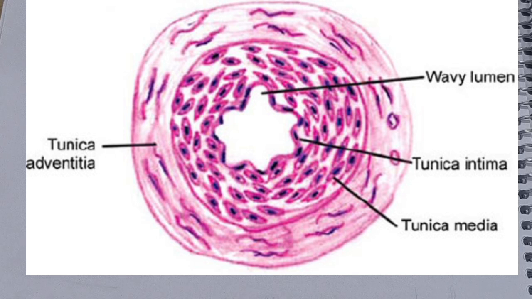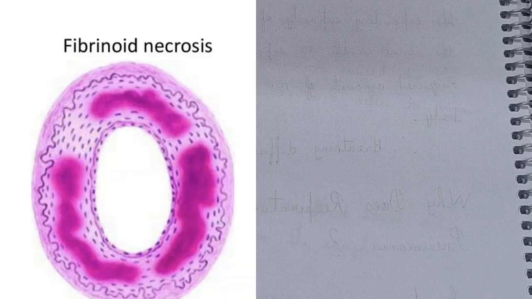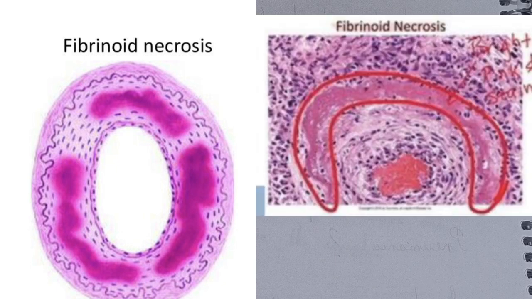Now see that this is a diagram of fibrinoid necrosis. You can notice that in fibrinoid necrosis, in the wall of the blood vessels, hyaline like material is deposited, first thing. And second, this hyaline like material is surrounded by neutrophils.